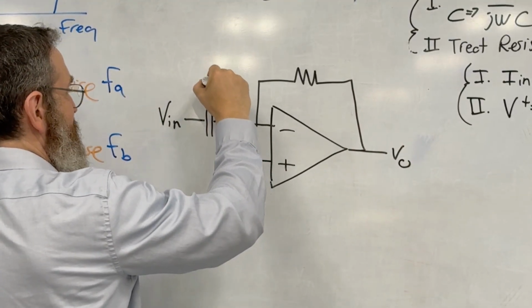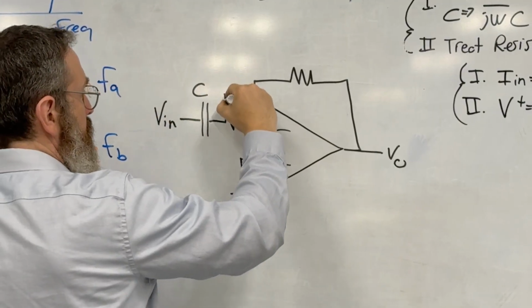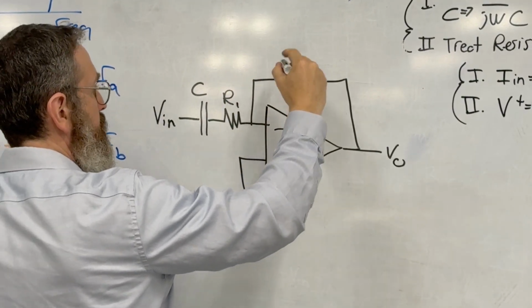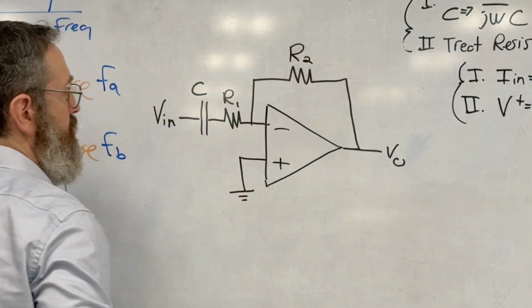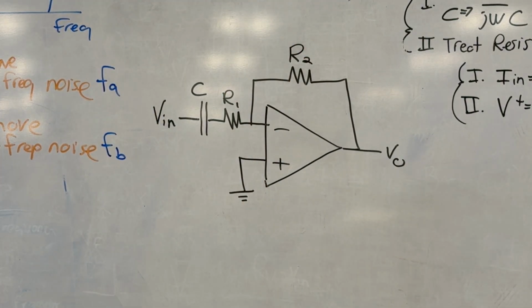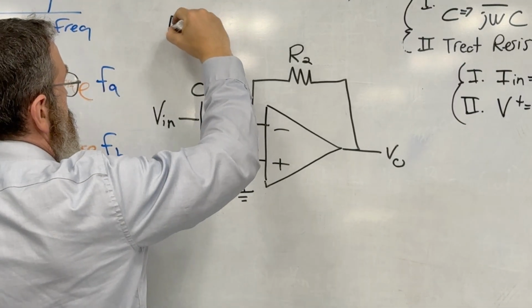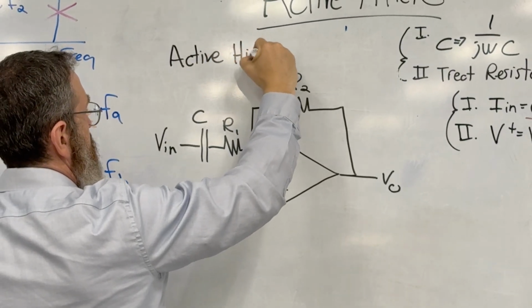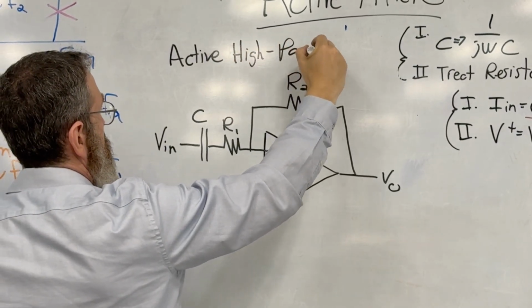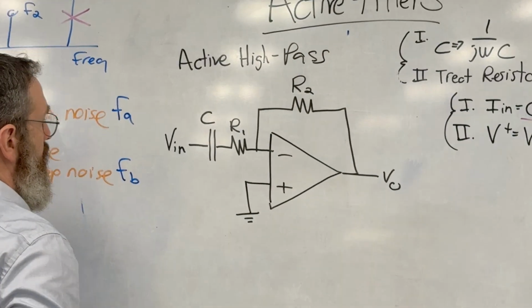I'm going to call this C. I'm going to call this R1. And I'm going to call this R sub 2. I'll give this a name. The active high pass. This is the high pass you're going to make, or versions of it.